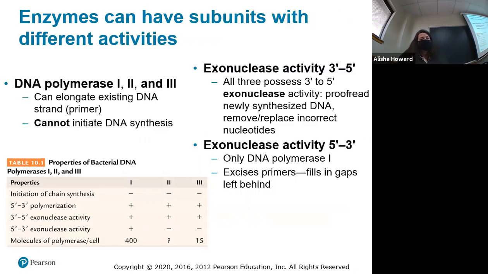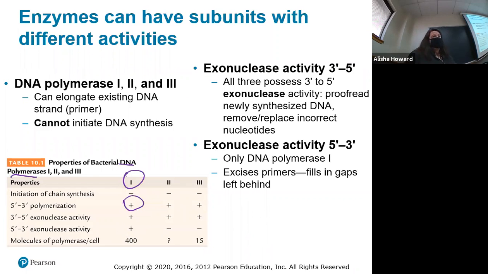Okay, so these different subunits that provide different activities and different domains are important to understand when we start talking about these proteins having different abilities. Say for DNA polymerase 1 here, it has the polymerization domain, but it also has different types of exonuclease activity.